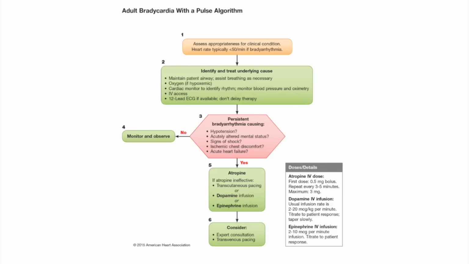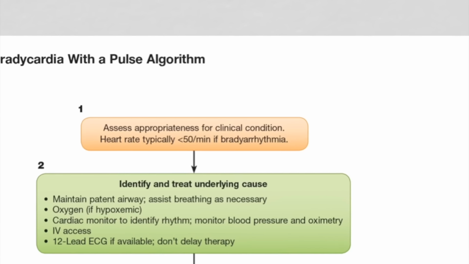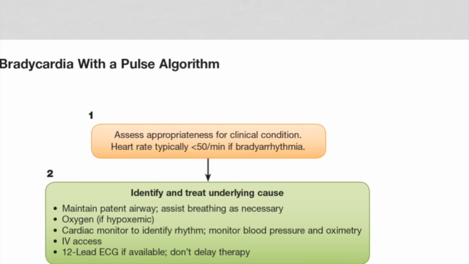If we go down this algorithm, you're going to notice the first thing is to assess the appropriateness for the patient's clinical condition. And the heart rate will typically be less than 50 beats per minute when you have to treat them. Now consider everything: the patient, their presentation, and realize that there are some patients that have a resting heart rate less than 50.